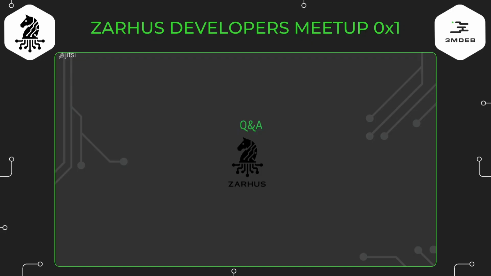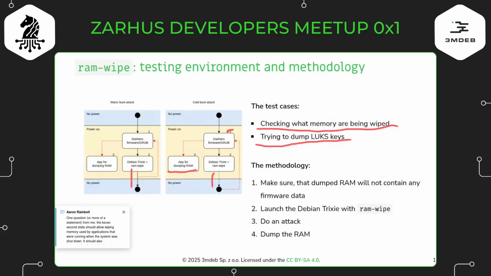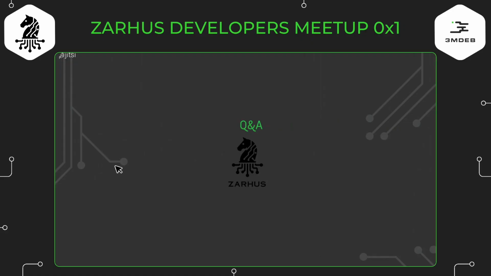It's very important to highlight that when we compare a system without RAM wipe and a system with RAM wipe, we are in better shape, because the area in which the LUKS key was kept is cleaned. The problem is, what if something happens in areas like the Linux kernel or some executed process areas.